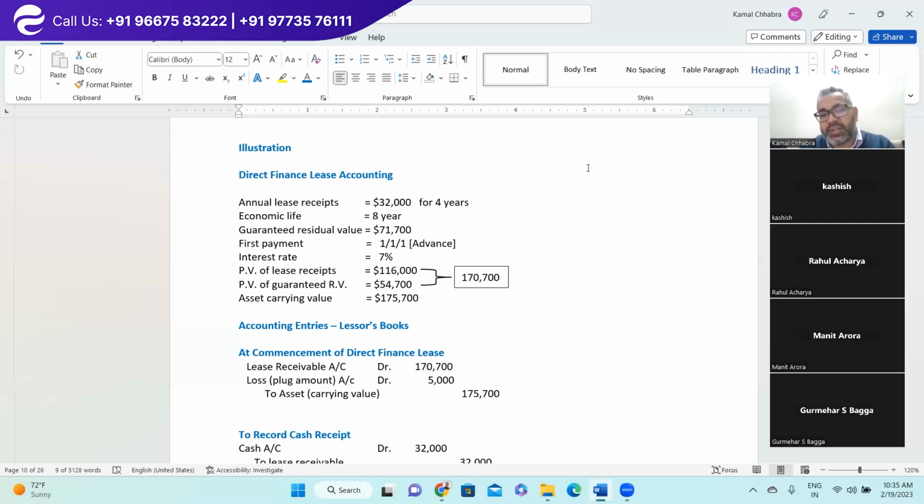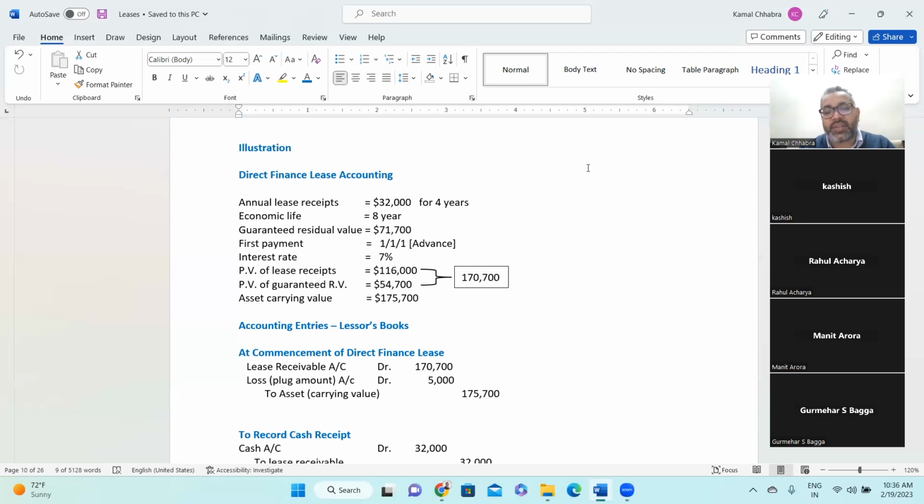If you see the second condition, economic life is 8 years, but we are taking the asset on lease for 4 years. So we are not taking the asset for the significant economic life, right? So those conditions are also not met. But at the same time, the significant amount is being expected, right? And the collection is probable. Hence, it is being considered as a direct finance lease, right?